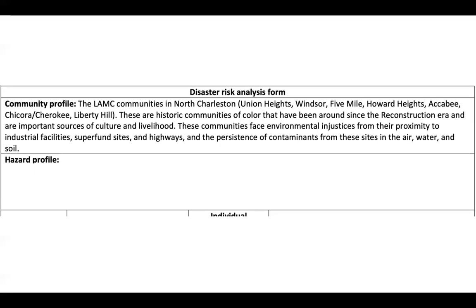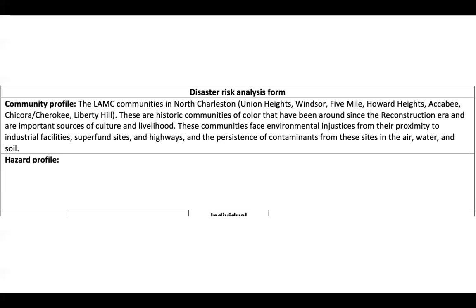These are historic communities of color that have been around since the Reconstruction era and are important sources of culture and livelihood. These communities face environmental injustices from their proximity to industrial facilities, Superfund sites, and highways, as well as the persistence of contaminants from these sites in the air, water, and soil.